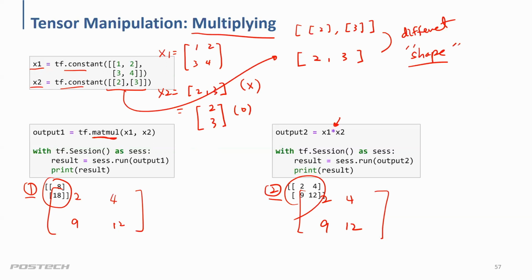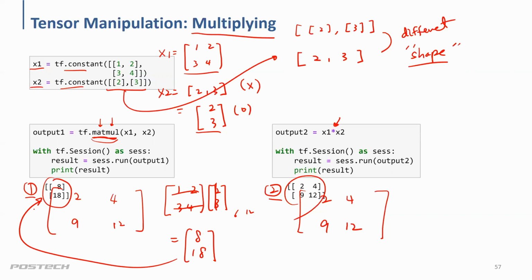From the right answers, what you can infer is that here MAT-MUL means matrix multiplication. It stands for that. So actually we do matrix multiplications like that.